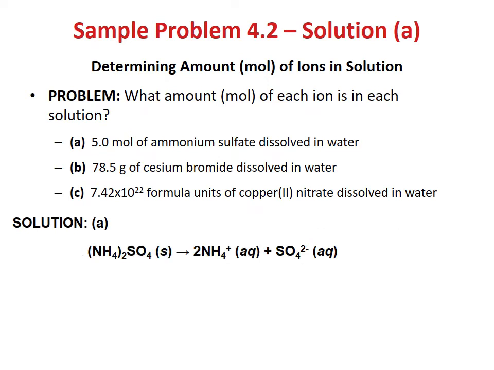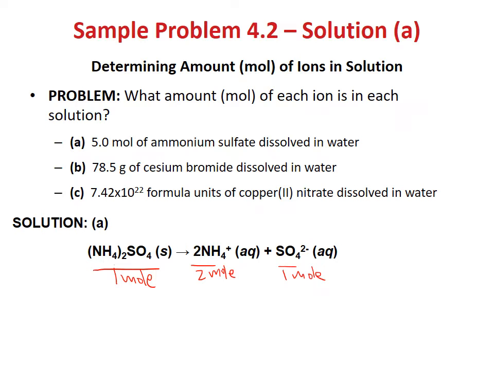Here is the formula of ammonium sulfate. One formula unit of ammonium sulfate generates 2 ammonium cations and 1 sulfate anion, or we can say 1 mole of ammonium sulfate will dissociate to give you 2 moles of ammonium cation and 1 mole of sulfate anion.